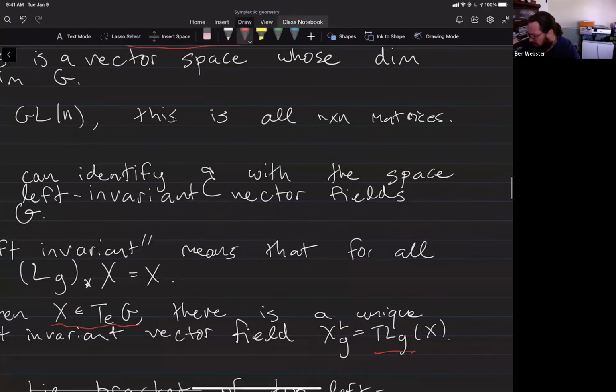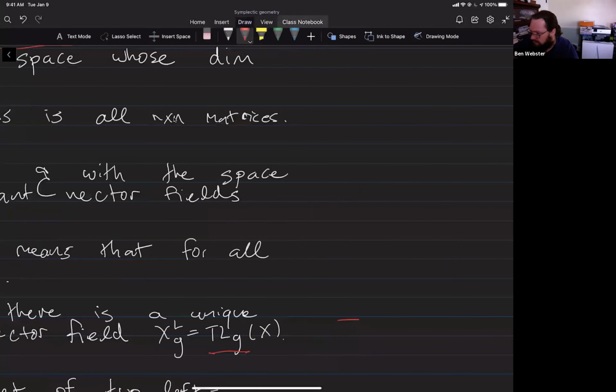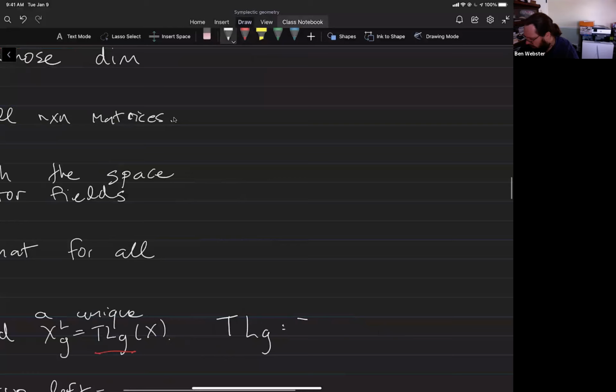So here, T L_g is the map from the tangent space at the origin of G to the tangent space at g of G, from taking the derivative of the left translation.